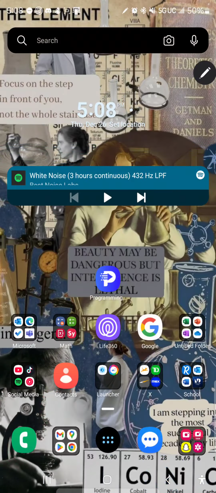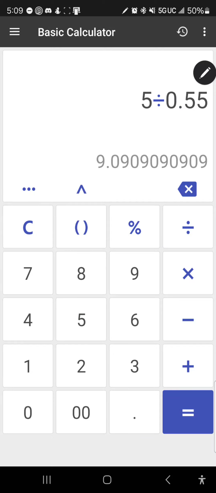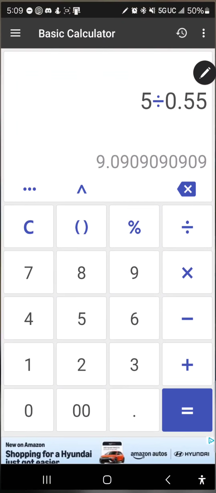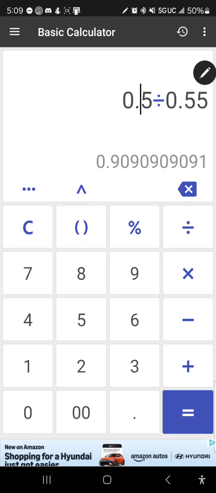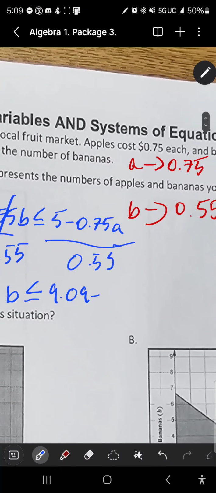5 divided by 0.55. We go to our calculator. 5 divided by 0.55 is 9.09. Minus 0.75 divided by 0.55 is about 1.36.